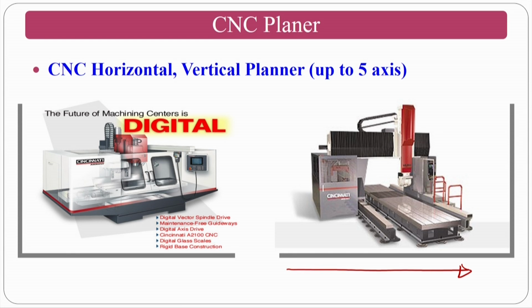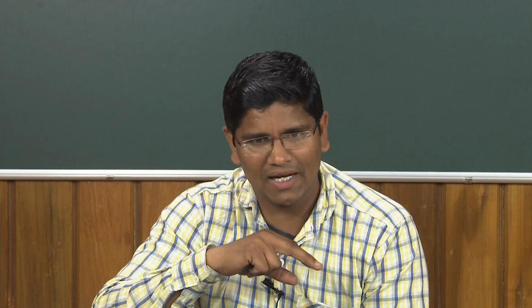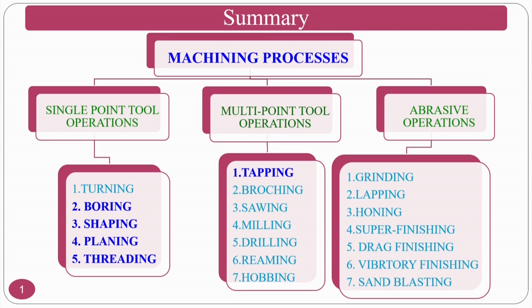So till now we have seen the multi-point cutting tool process as well as single point cutting tool process, those processes which are used in the lathe, and after the lathe we moved on to the shaping and planing in this particular class. Now we see the summary of today's class. We have studied some of the single point cutting tool operations in the machining processes.